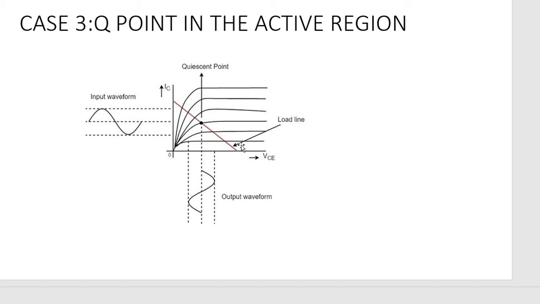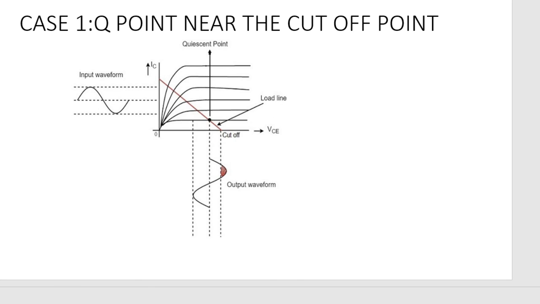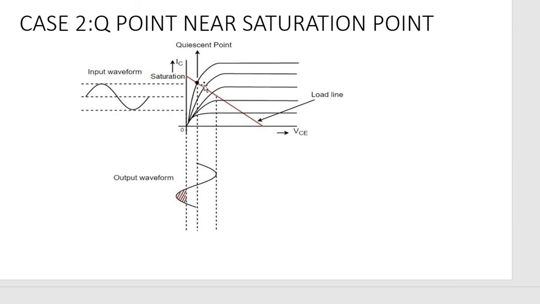So to configure the transistor as an amplifier, the transistor has to be biased midway between saturation and cutoff points. Okay. So in both the previous cases, if the point is selected near the cutoff point or near the saturation point, the waveform or the signal undergoes some kind of distortion.